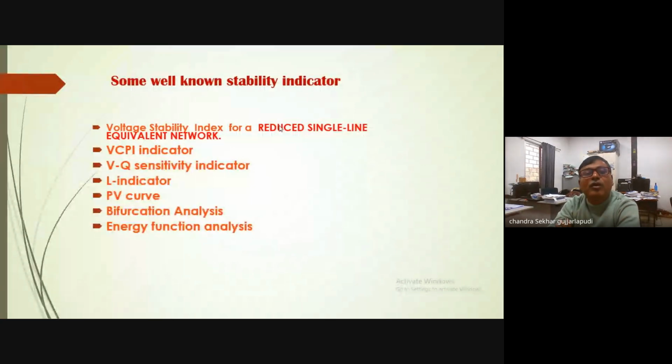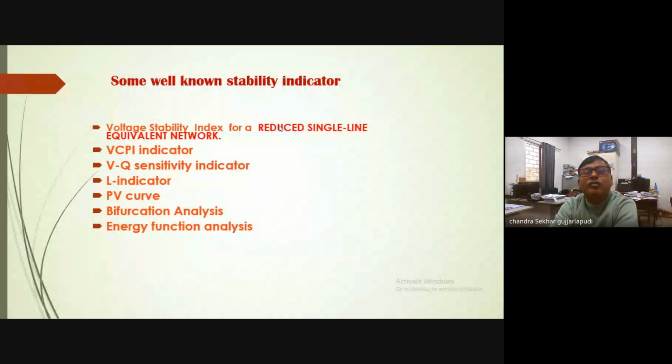Using load flow analysis, you have to find some stability indicator, and that indicator will be your target value. Your input will be the different switching patterns. For the different switching patterns, you have to generate the stability indicator value. With that data set, you train your artificial intelligence model or machine learning model.